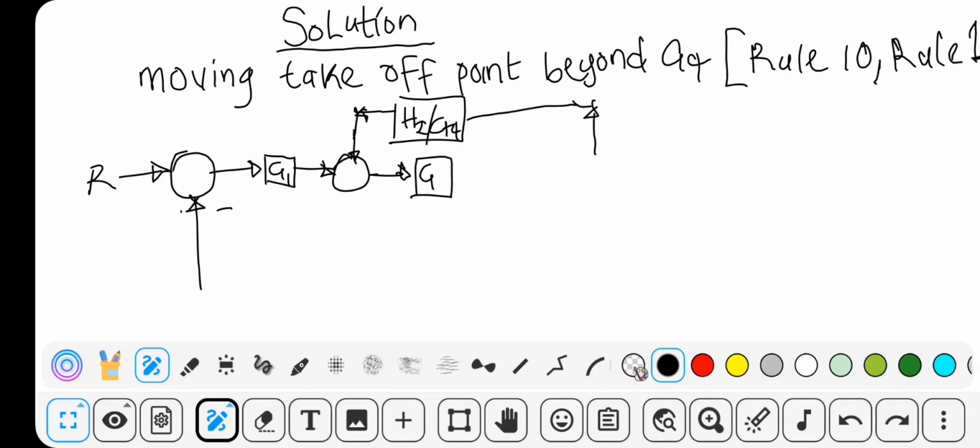So let me make this in a way that this will actually enter.